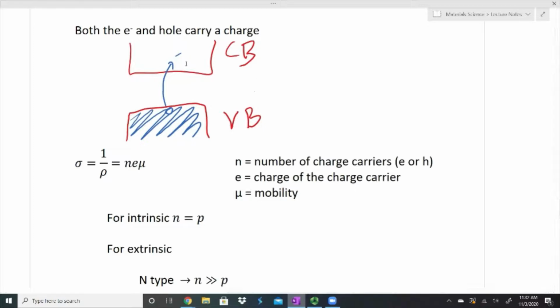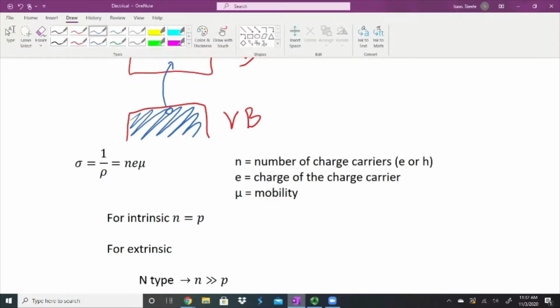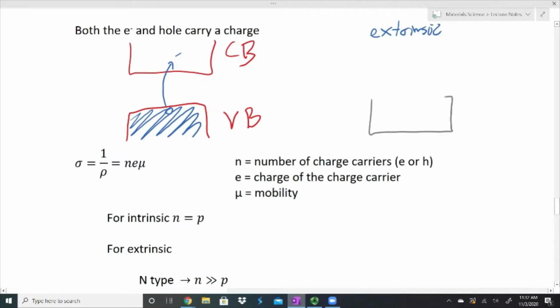Now what if I have my extrinsic? Okay, that's supposed to say extrinsic. I apologize for that. It's a little sloppy there. If I have my extrinsic, I can have my valence band full of electrons.